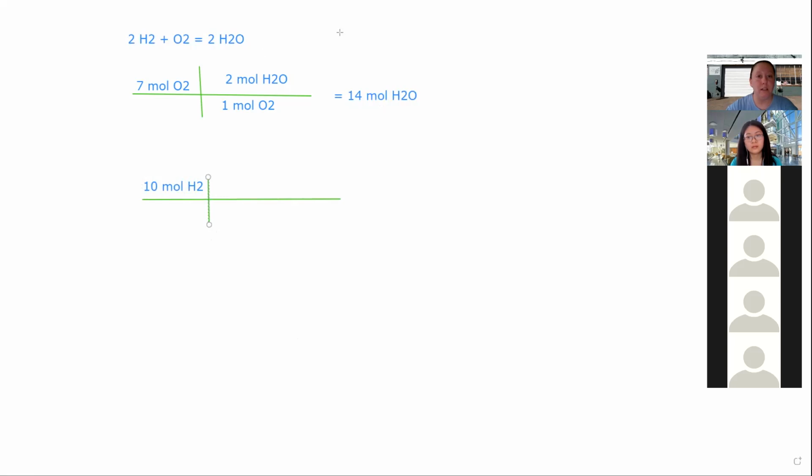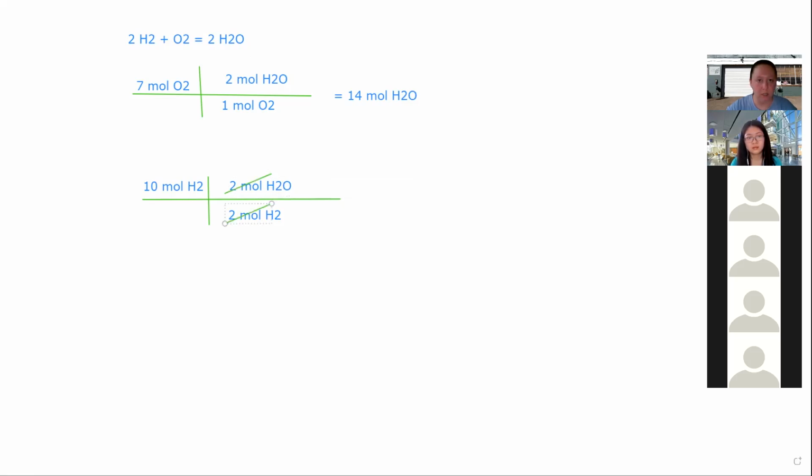Based on our balanced chemical equation, for every 2 moles of H2, we can make 2 moles of H2O. You might see that these numbers cancel out, right?